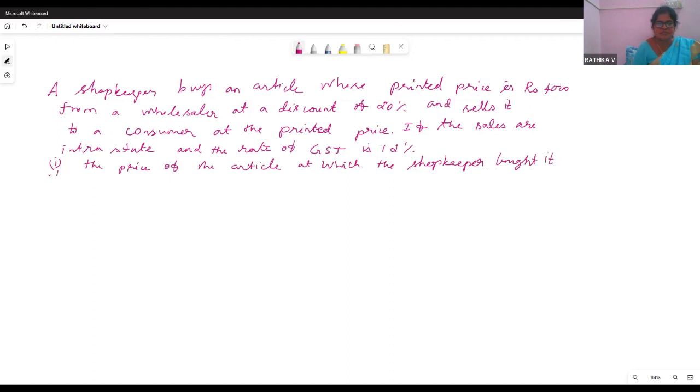Second subdivision, the amount of tax paid by the shopkeeper to the state government.